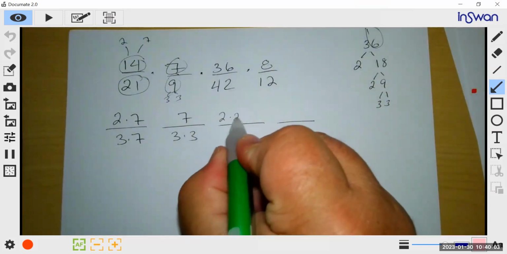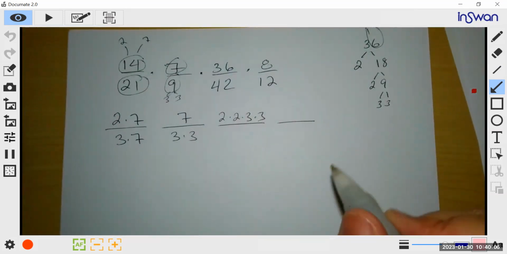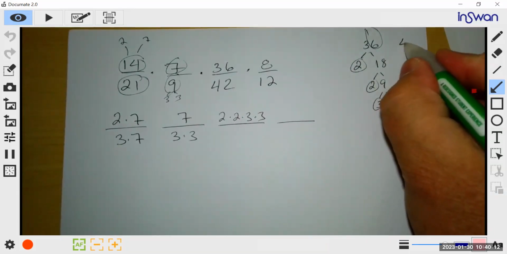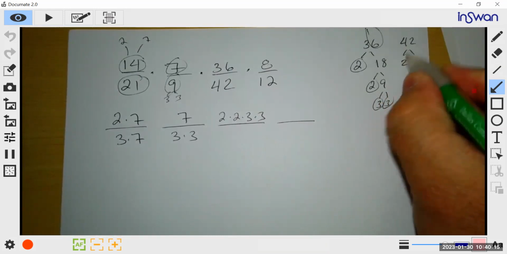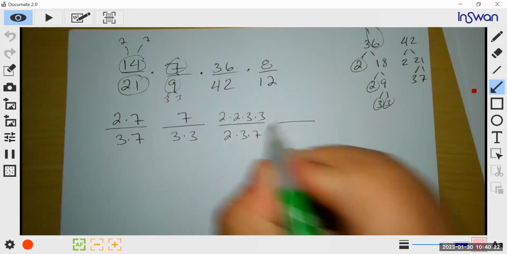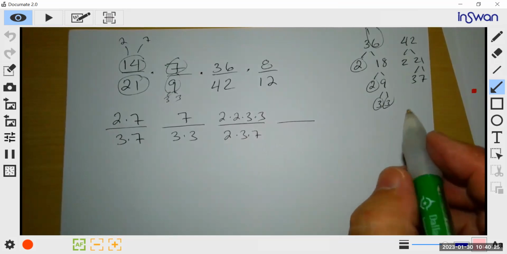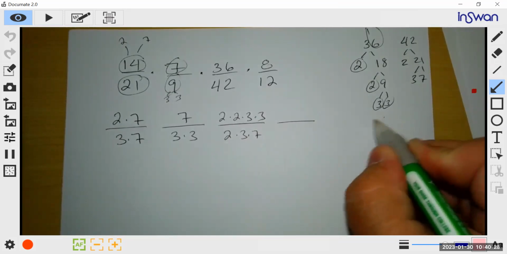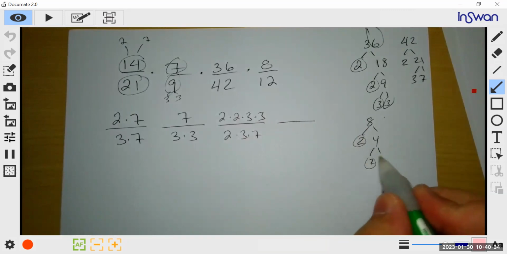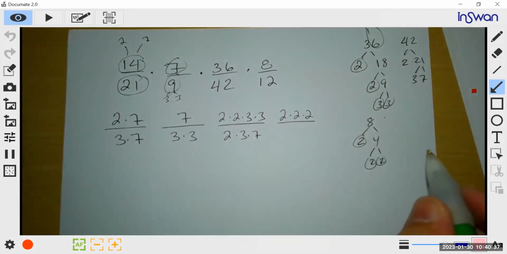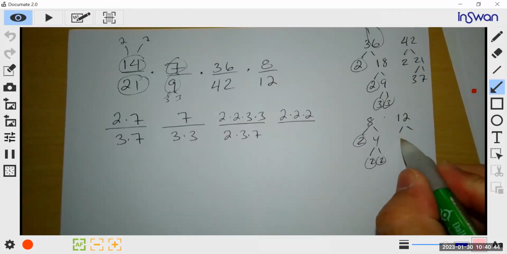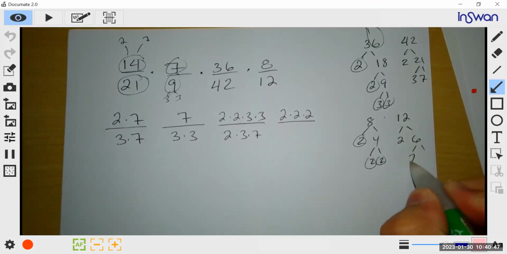So it's 2 times 2 times 3 times 3. 42 is made up of 2 times 3 times 7. 8 is made up of 2 times 2 times 2. 12 is 2 times 6, 2 times 3.